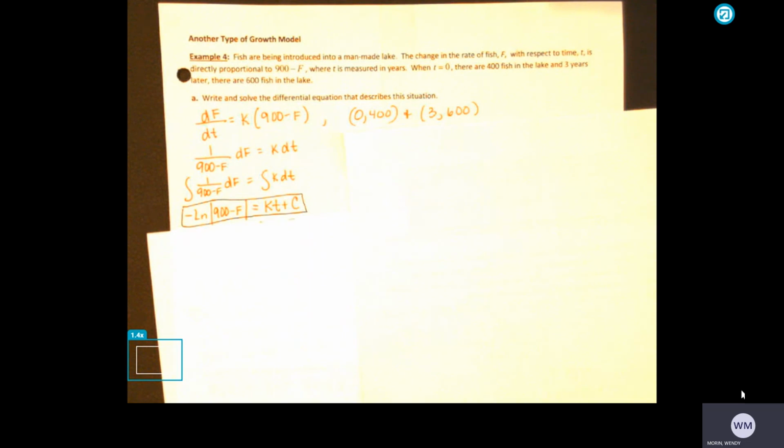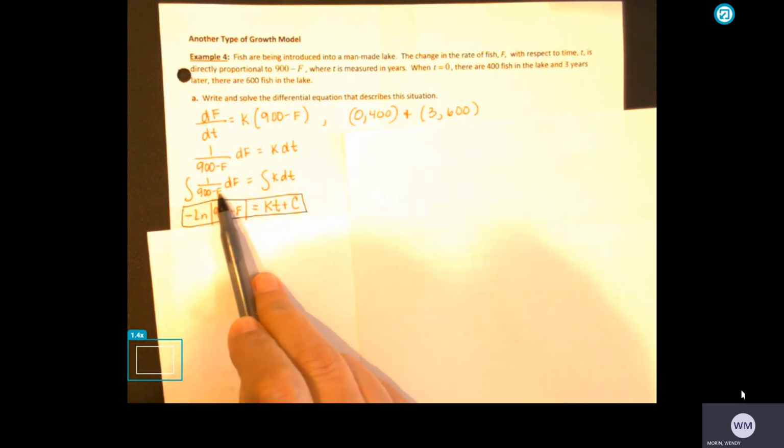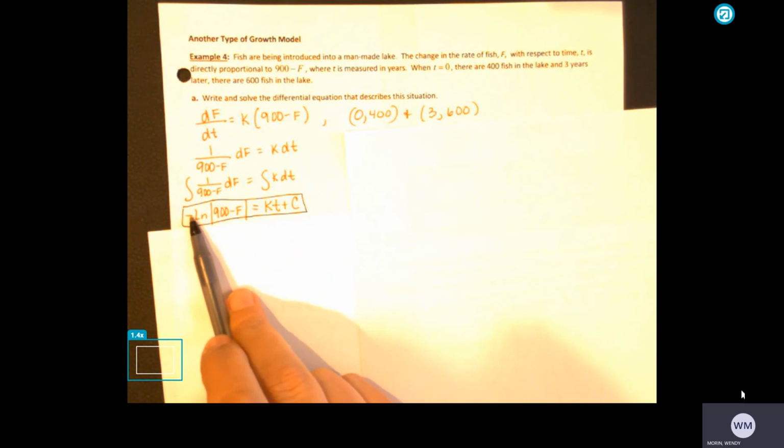You have to be careful with this one though, because this is 900 minus f, not f minus 900. So this is technically a u sub problem, negative df dt right here. So you need that negative. That's a tricky one. You need to be careful with your integrals.